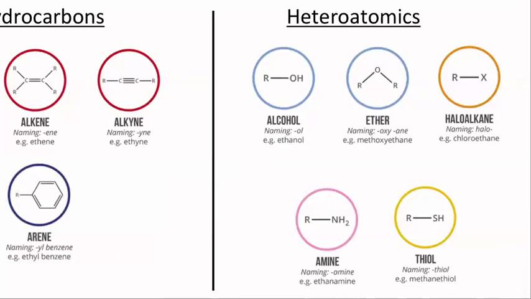In the first functional group, which is called an alcohol, this R group is going to represent a carbon chain that has an OH group attached to it. In the functional group called an ether, we have an oxygen atom connected to two carbon chains, one on each side.